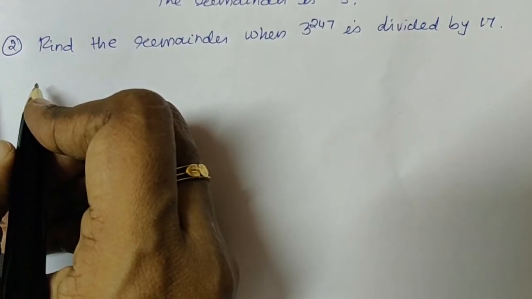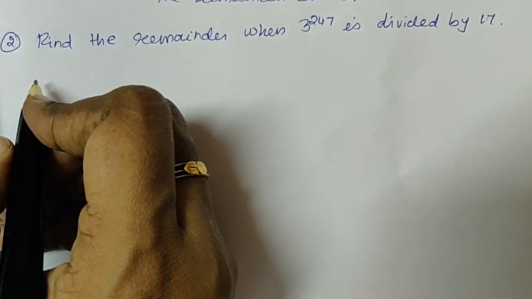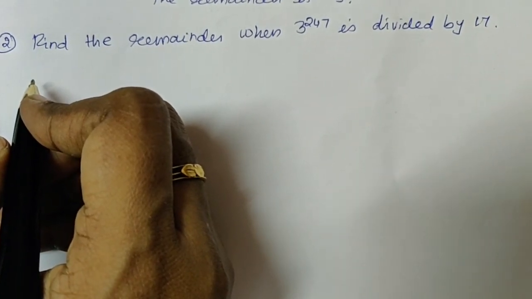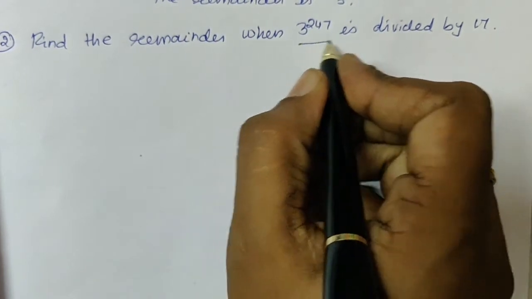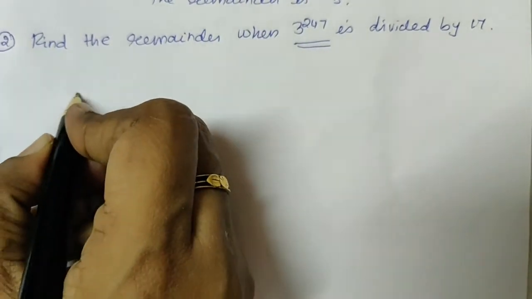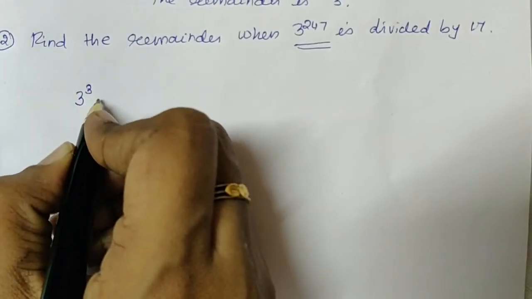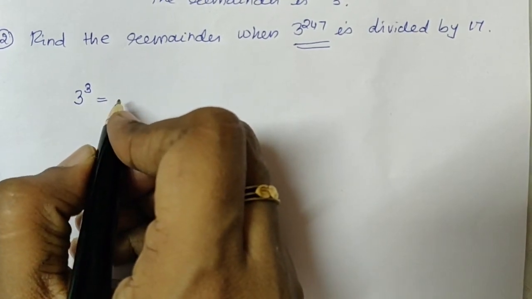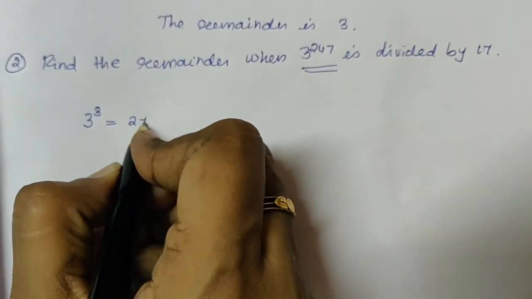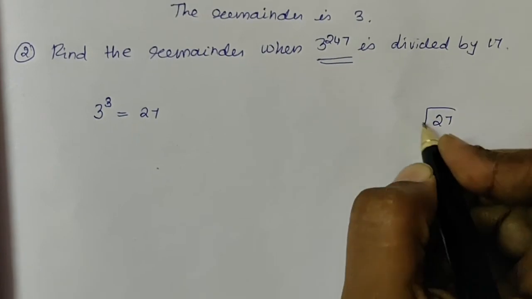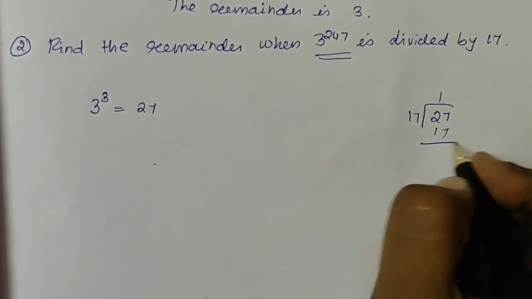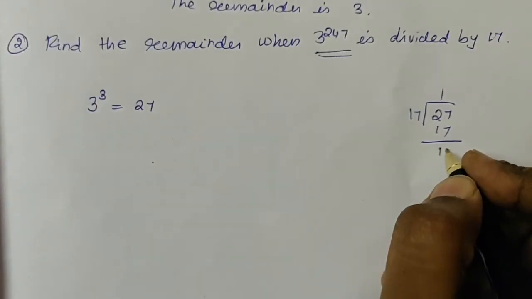Find the remainder when 3 power 247 is divided by 17. To reach 3 power 247, first let me start with 3 cube. So 3 cube value is here, 3 3s are 9, 9 3s are 27. When we divide 27 by 17, we get remainder 10.